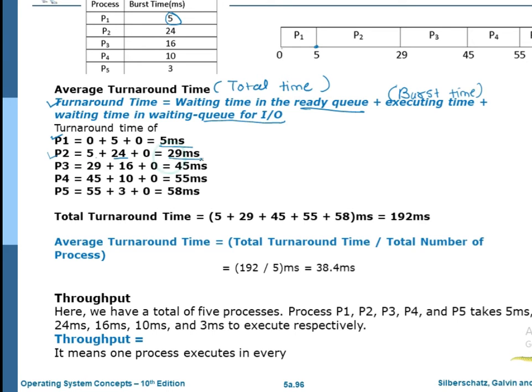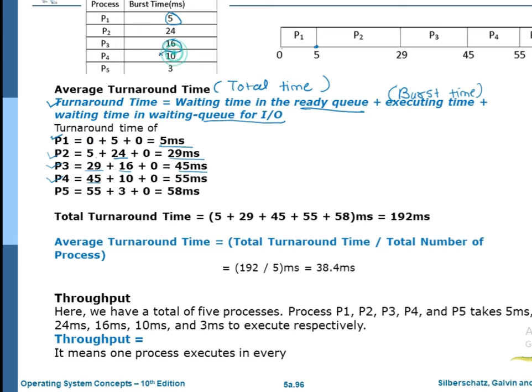So the total is 29 milliseconds. Then P3: waiting time of P3 is 29 plus burst time 16 given here plus 0 equals 45 milliseconds.